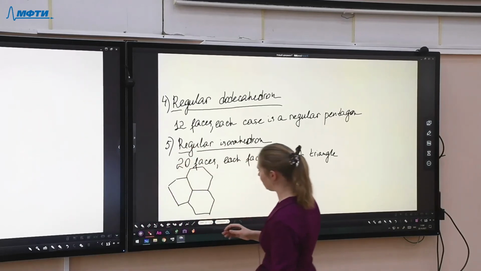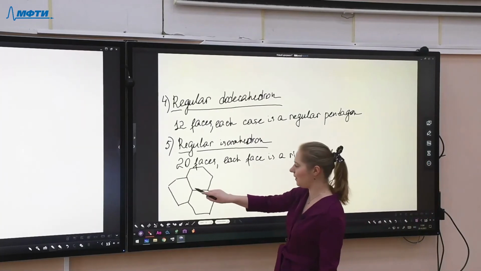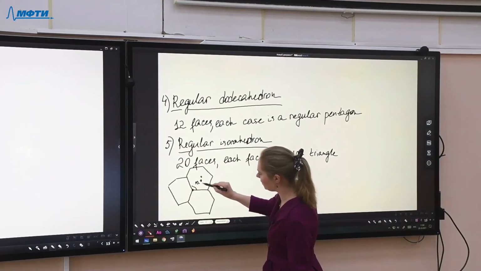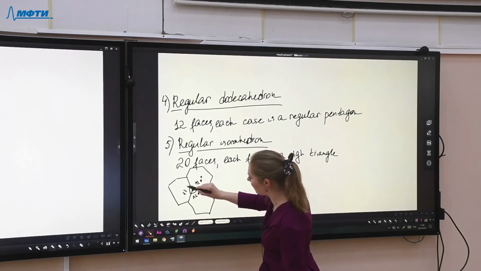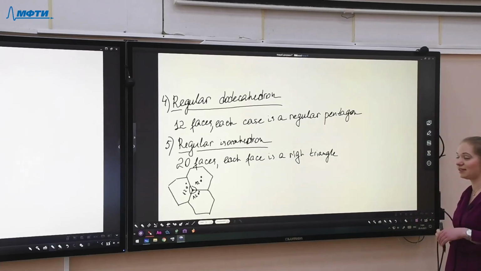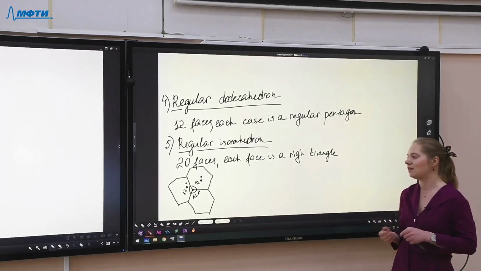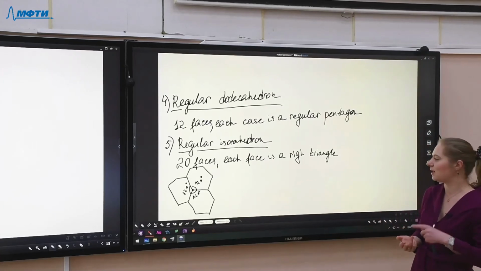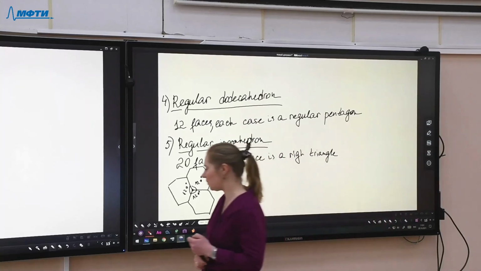And we consider the case where we have 3 hexagons. They meet here. These are the common points. This angle is 120, this angle is 120, and this angle is also 120 degrees. So together they are 360 degrees, so they form a plane, and it means they cannot form a solid figure. So only triangles, squares, and pentagons can form regular polyhedrons.